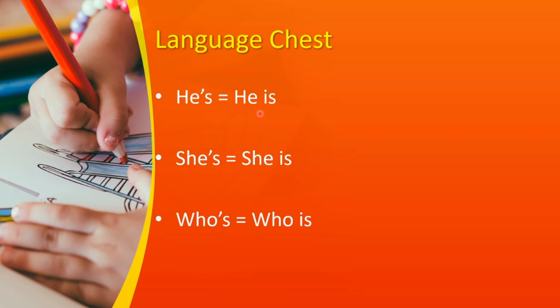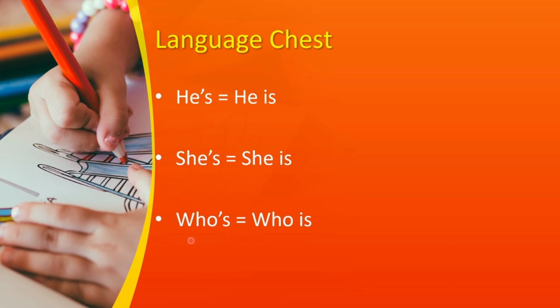Okay, so later we will use this one in a sentence. The next one is she's, she's. They have the same meaning with she is, she is.